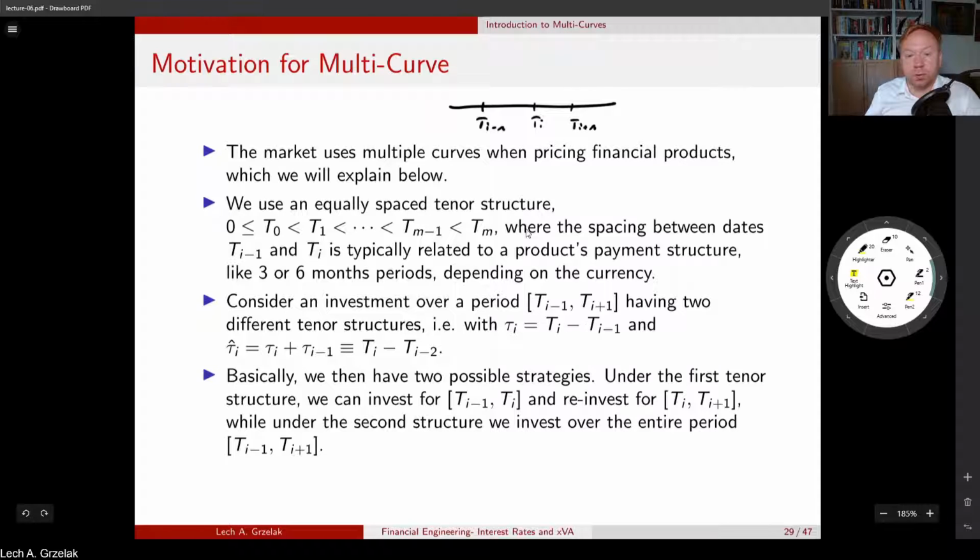So the first tenor is this period, and then we have a second tenor, which is t_{i-2}, and this will be a tenor much wider. So it's about the frequency. The first tenor is twice as fast as the other one, and this is the type of instruments we will be looking at to exploit the concept of spreads between different types of curves.